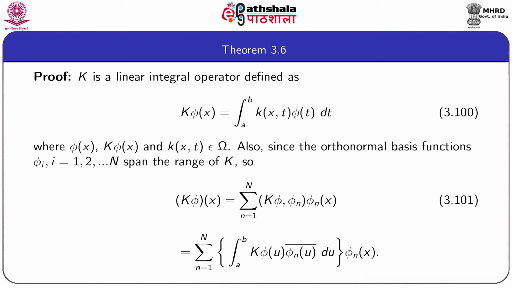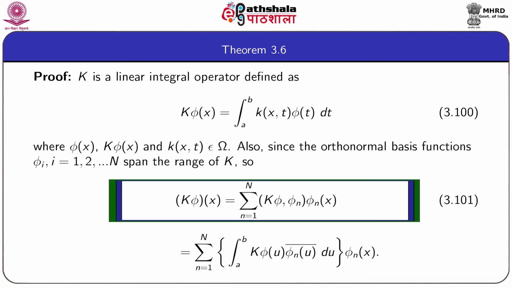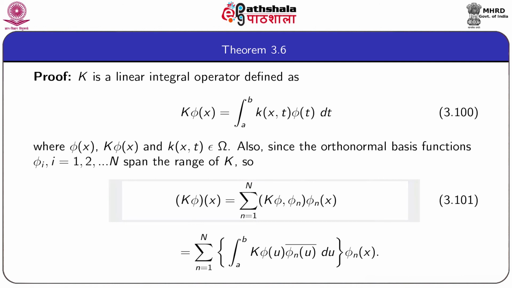Now, if I expand this inner product and write it in integral form, K phi(x) is equal to the summation small n equal to 1 to N of the integral a to b of K phi(u) into phi n bar(u) du into phi n(x).